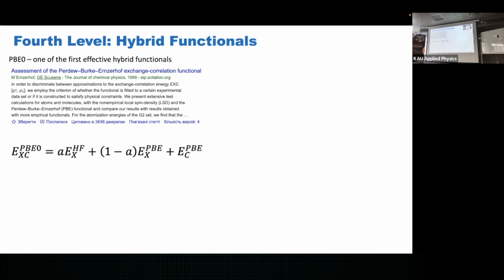Why do we want to improve the system? We want to get realistic band gaps. Previously we couldn't get the exact band gaps, but with hybrid functionals we get almost exact band gaps. So what's the reason why we can add Hartree-Fock and then get rather realistic band gaps?